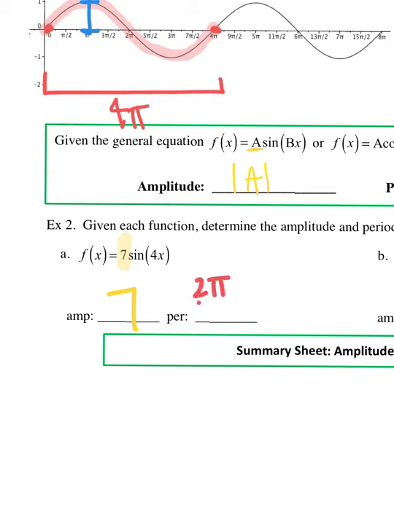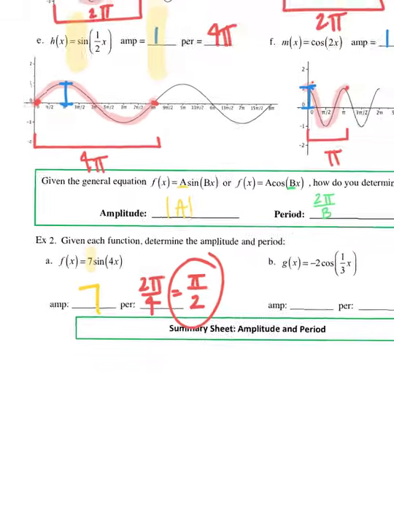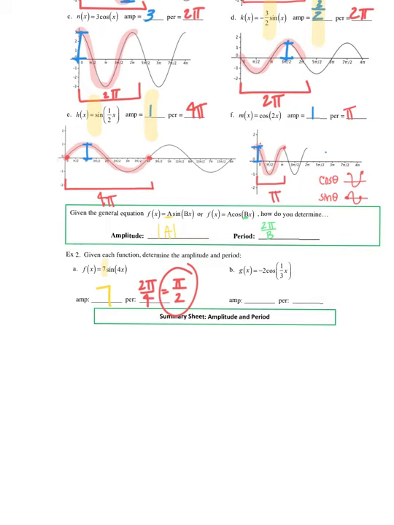So 2 pi over 4. And then let's reduce that fraction. Pi over 2. My period is pi over 2.